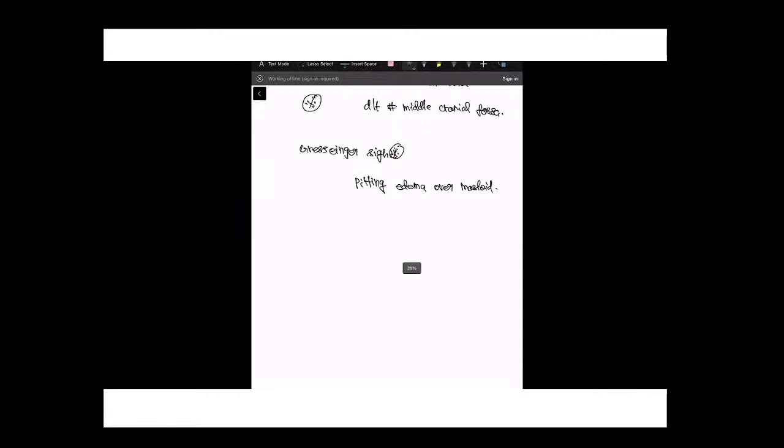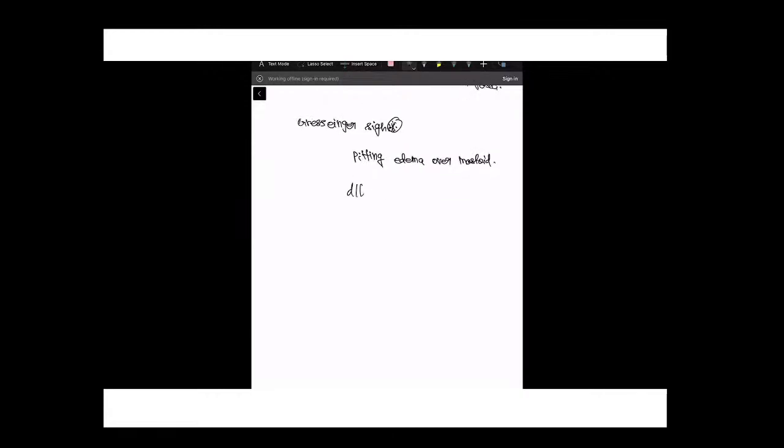This pitting edema is due to the sigmoid sinus thrombosis.